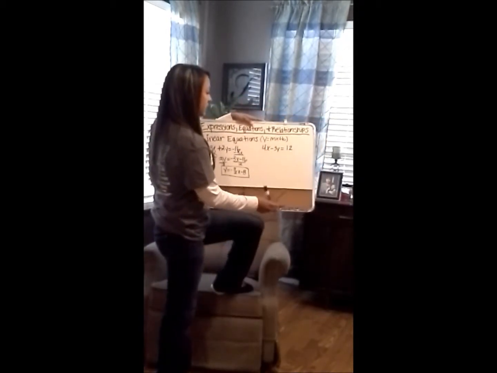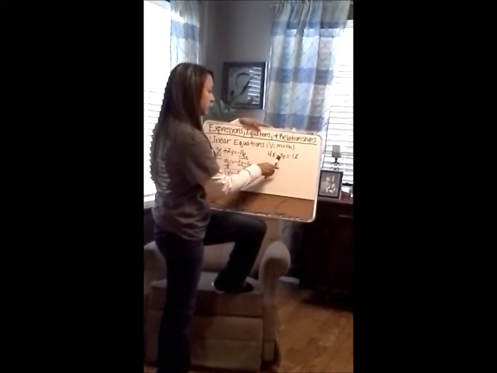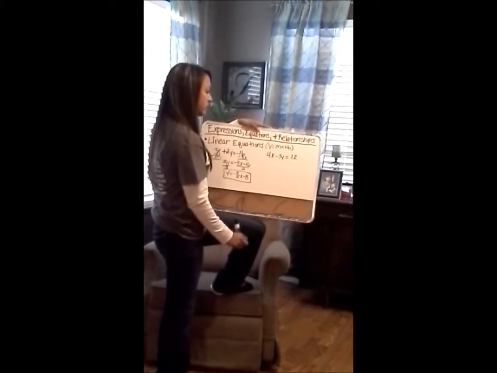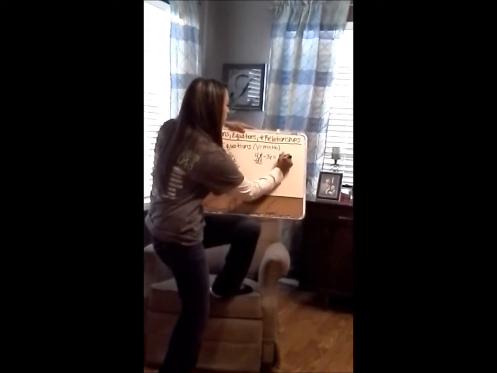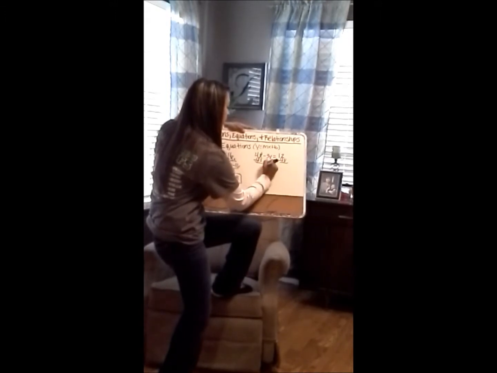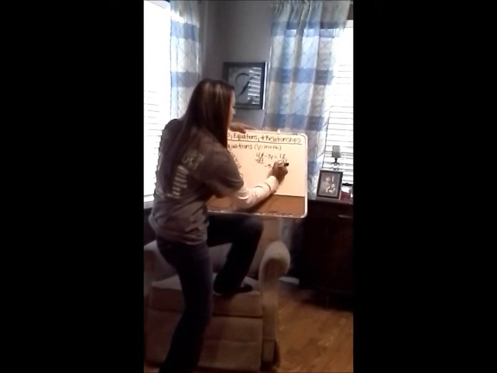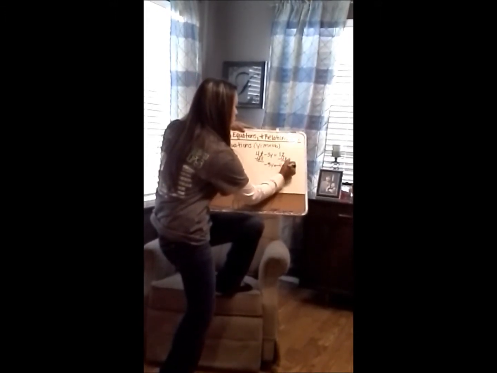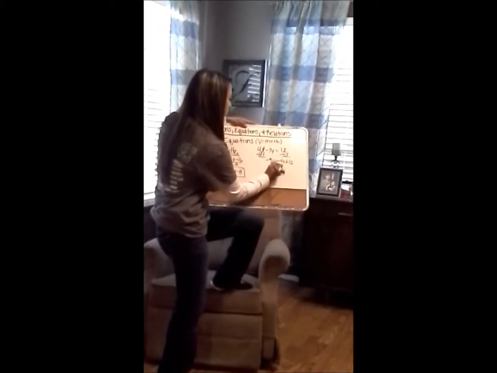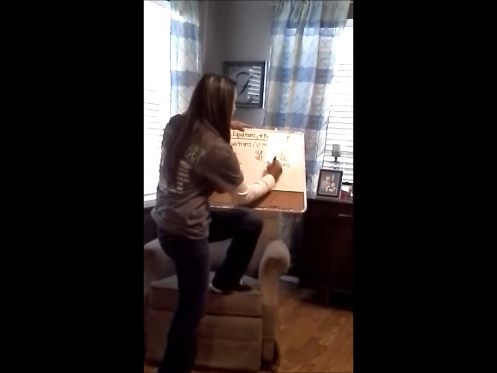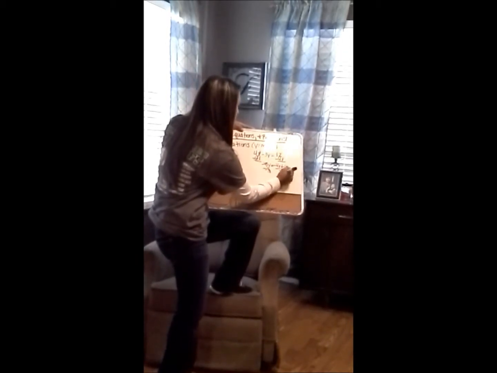Now we're moving on to the next. 4x minus 3y equals 12. First, we will subtract 4x from both sides and get negative 3y equals negative 4x plus 12. Now we will divide by negative 3 on both sides.